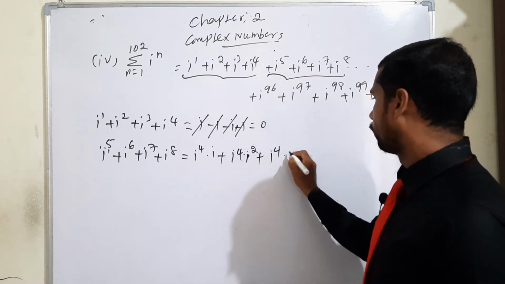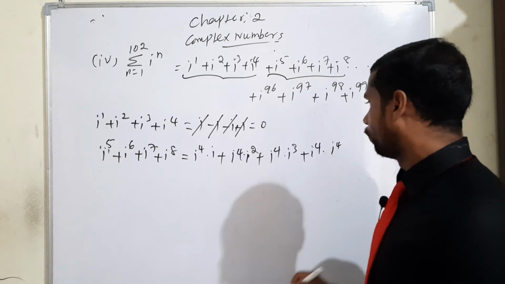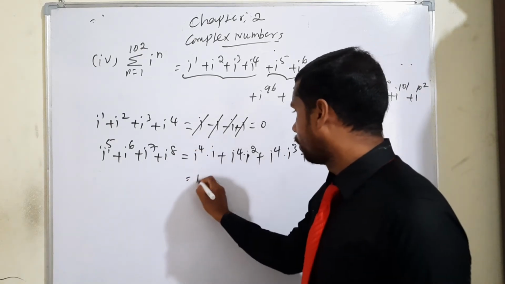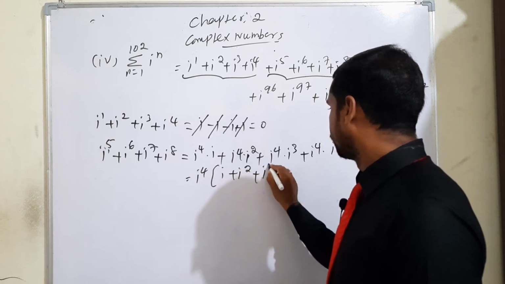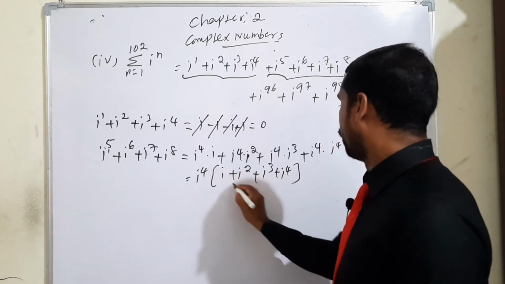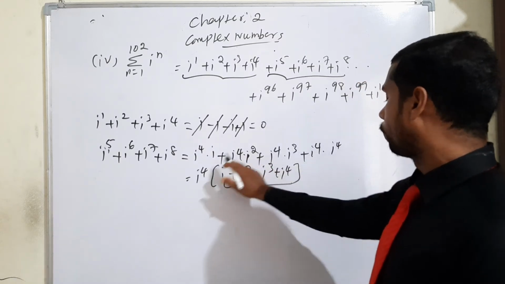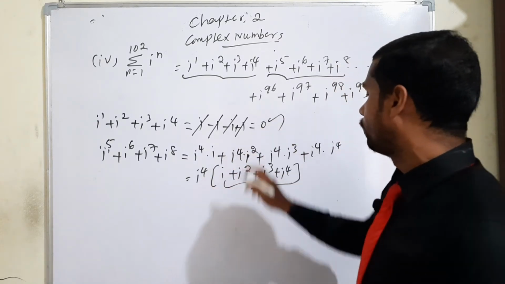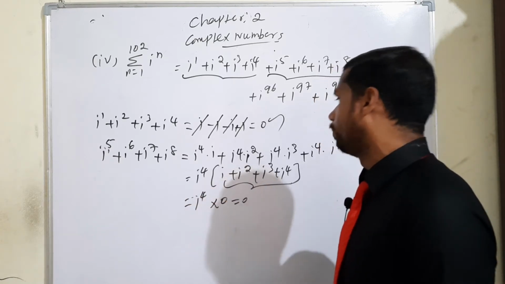Third one i power 4 into i cube, last one i power 4 into i power 4. Again i power 4 take common outside, means i plus i square plus i cube plus i power 4. Already we know i, i square, i cube, i power 4 sum result is 0. Therefore it is equal to i power 4 into 0, means value will be 0.